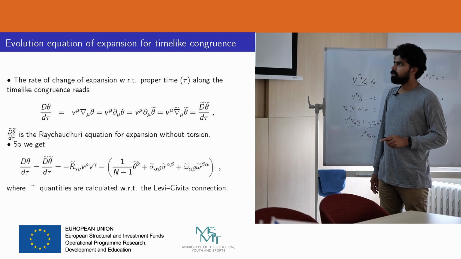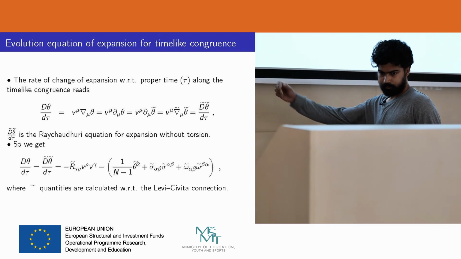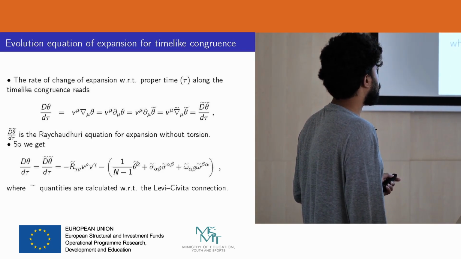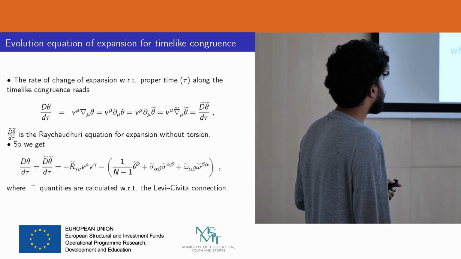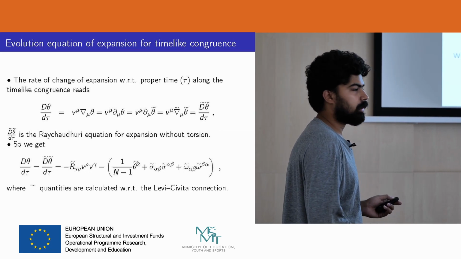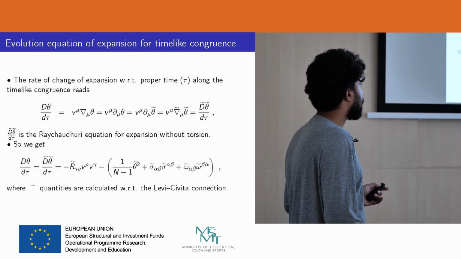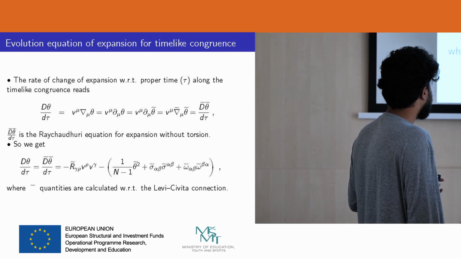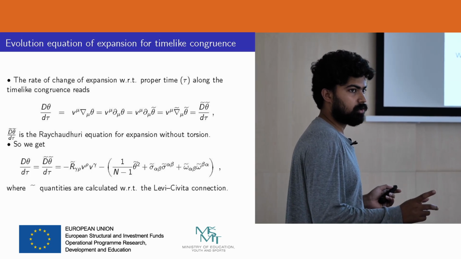Here these tilde quantities are calculated with respect to the Levi-Civita connection, and the other quantities are with respect to the full connection with torsion. So we can say that these are the same equations as in GR, but there is some caution. This Ricci tensor is not the same if there is torsion.